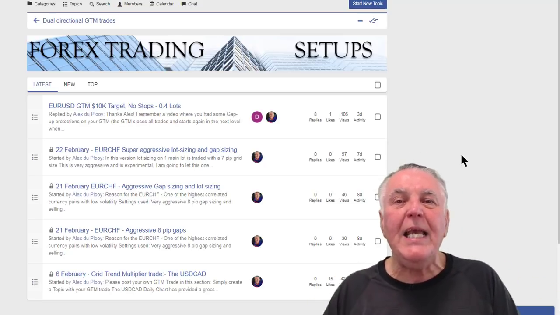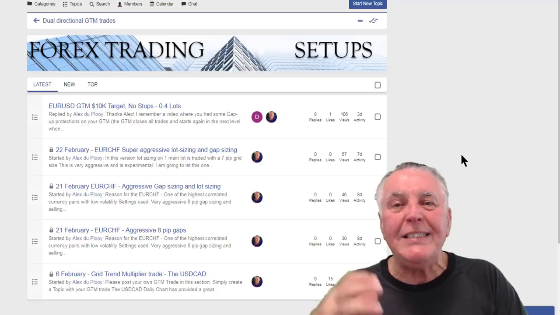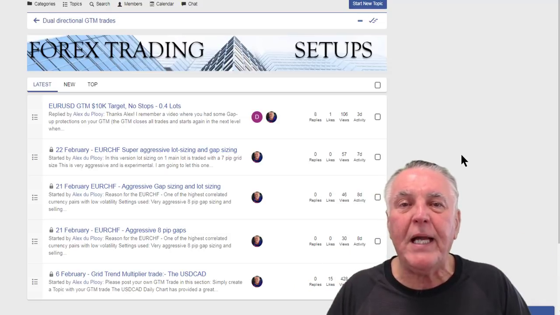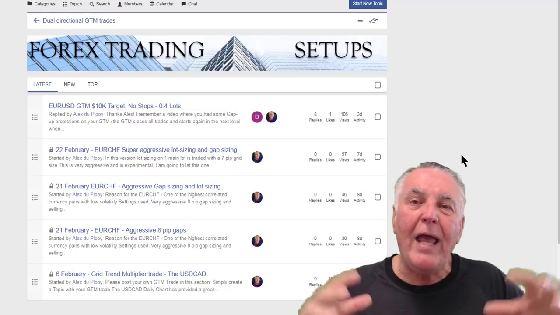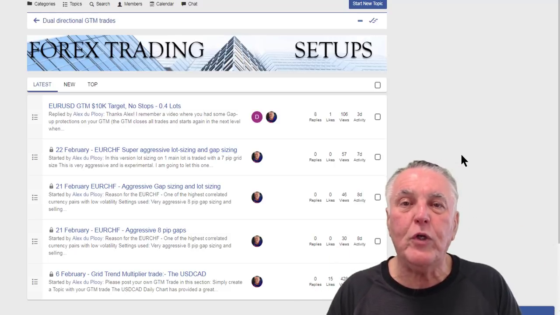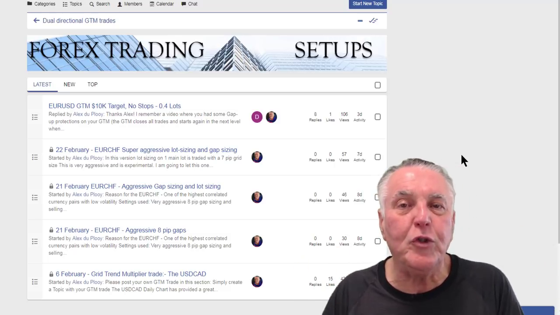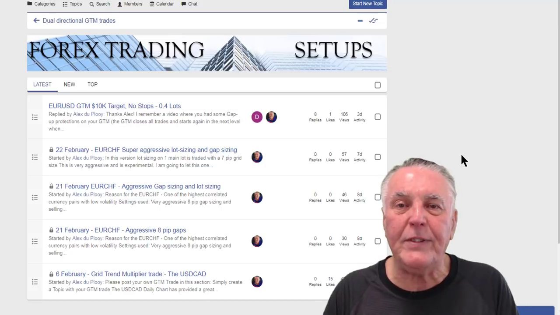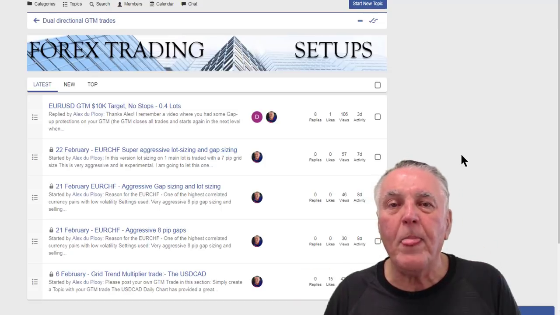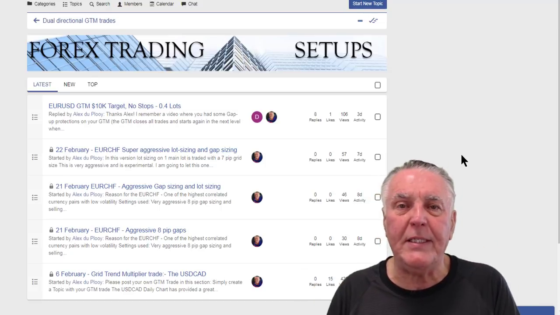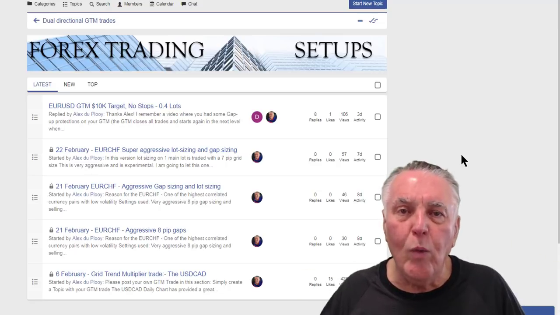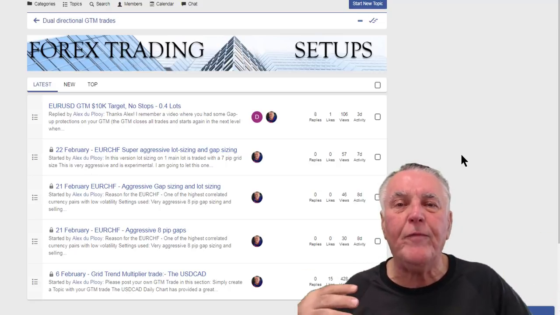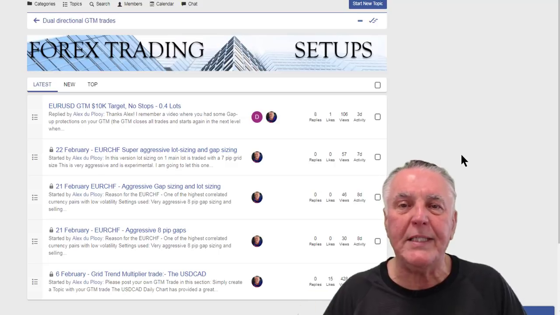We want to see the results of using different strategies on different currencies and different settings, and that way we learn which ones are the good ones and which ones we need to drop for the future. That's part of the portfolio approach. Don't test or trade only one set of settings. Trade a wide range of them so that you can find out what works and what doesn't work.